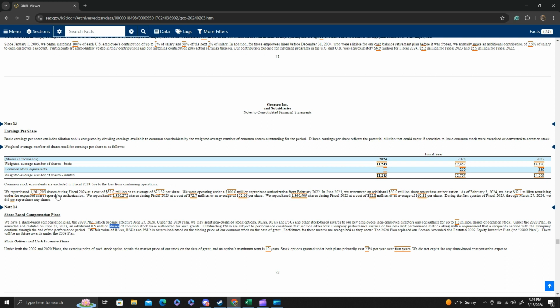They repurchased 1.2 million shares during fiscal 2024 at a cost of 32 million. So they are buying back stock at about 25. This management is doing what it should, buying its stock at an undervalued price. And they announced an additional 50 million. This is a great sign for shareholders, and they have been buying stock back for a while now.